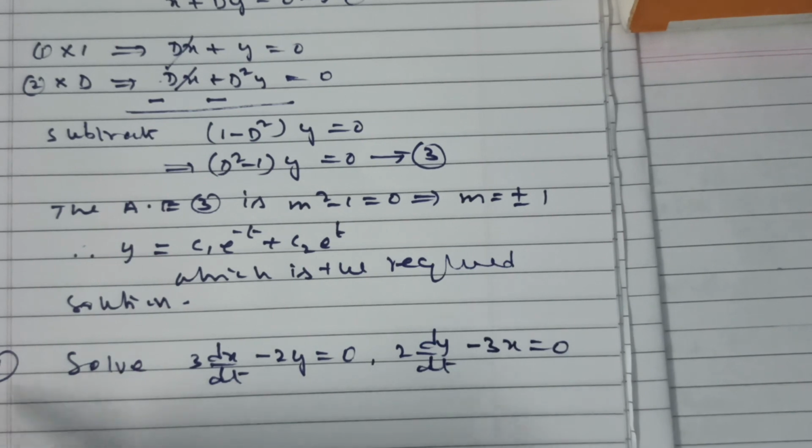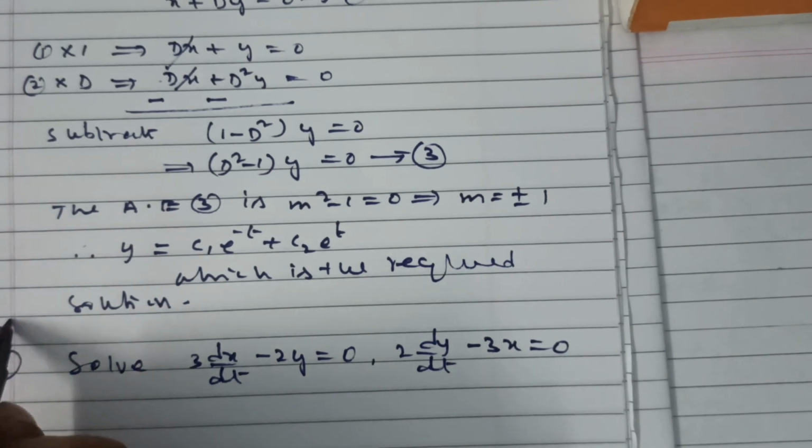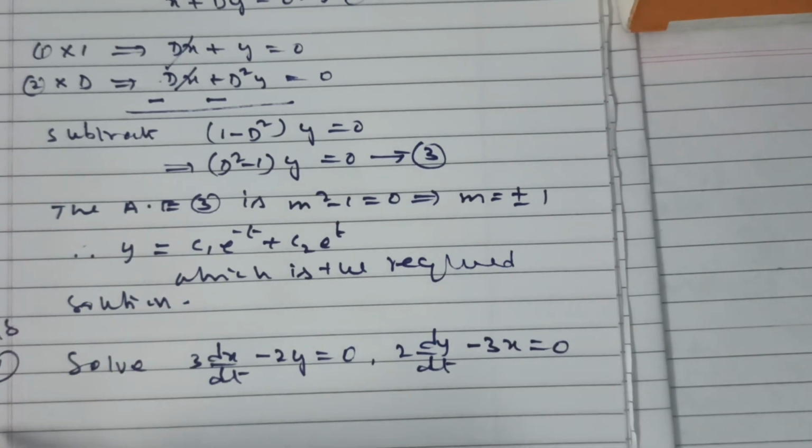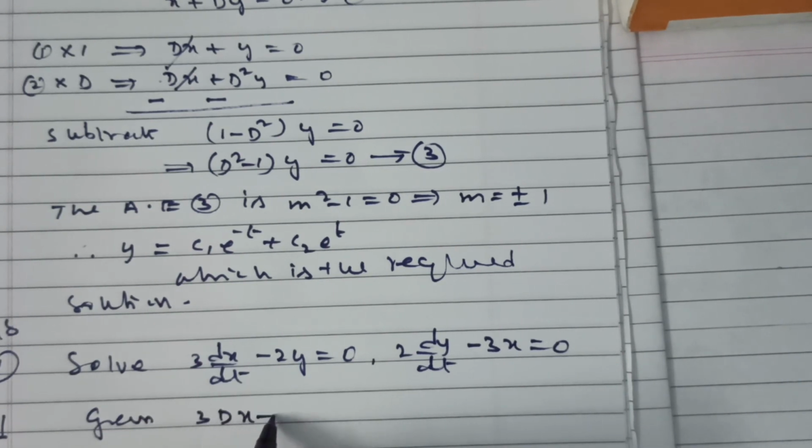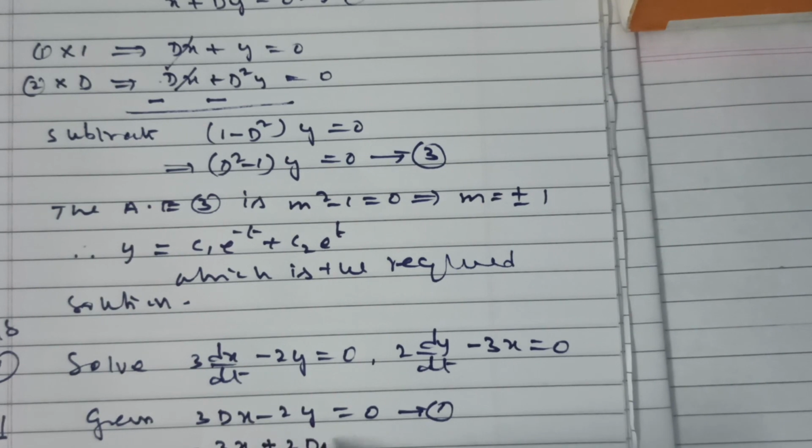This problem is from 2018. The solution is to find x and y values. Given 3Dx minus 2y is equal to 0, minus 3x plus 2Dy is equal to 0.